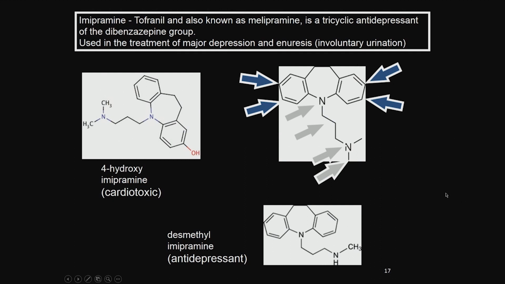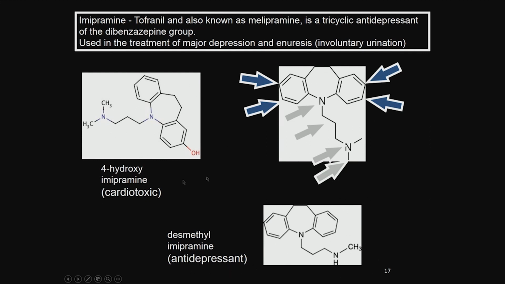When you put an OH, this becomes 4-hydroxyimipramine, which is cardiotoxic. Whereas if you remove one CH3 here and put an H, desmethylimipramine becomes an antidepressant.